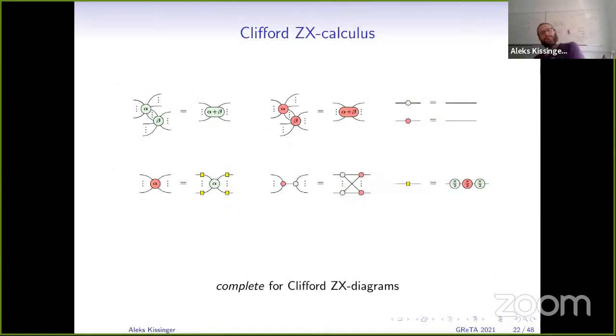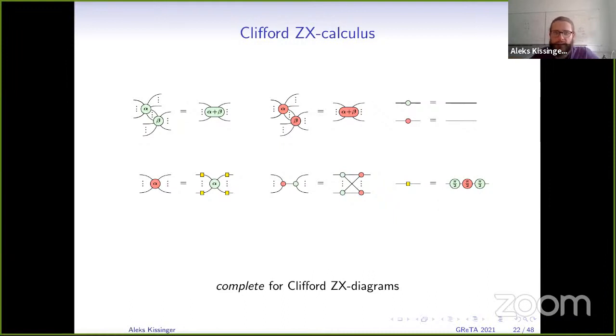The Clifford ZX diagrams also come with a simpler calculus called the Clifford ZX calculus. And this thing is also complete for Clifford ZX diagrams. Here we have 1, 2, 3, 4, 5, 6, 7 rules.